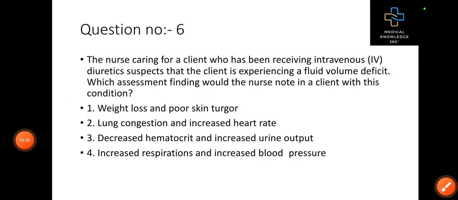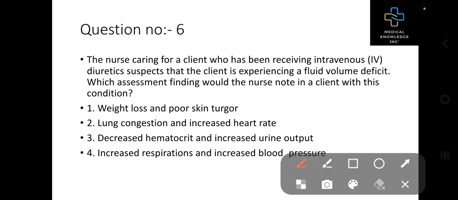Your options are weight loss and poor skin turgor, lung congestion and increased heart rate, decreased hematocrit and increased urinary output, increased respirations and increased blood pressure.